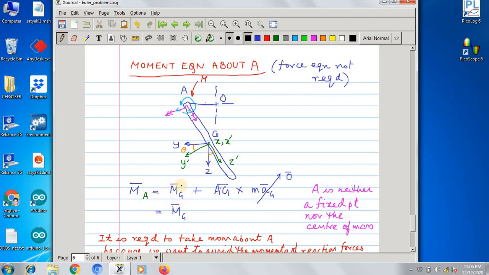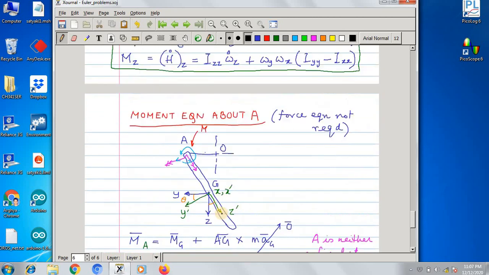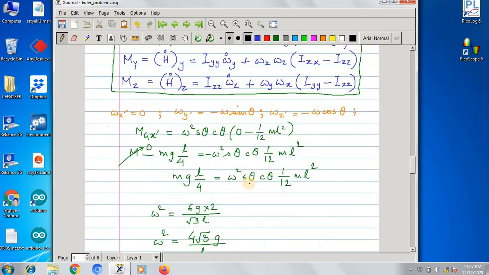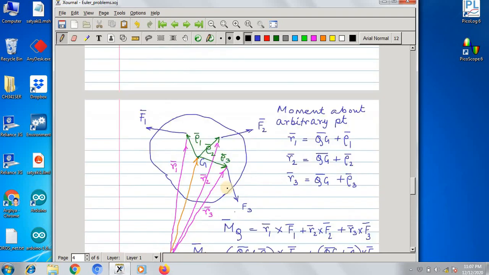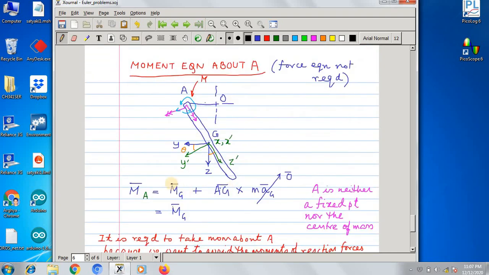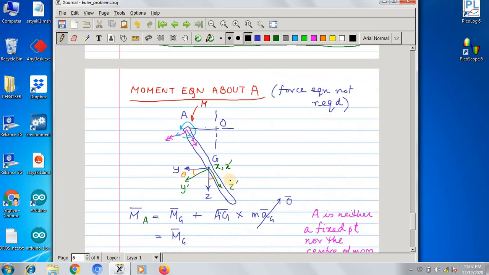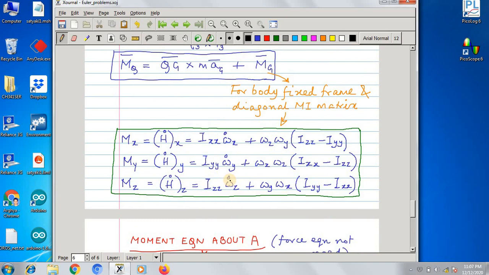So the left hand side is MA, which is minus mgL by 4. So these are two example problems which we have discussed in this class.